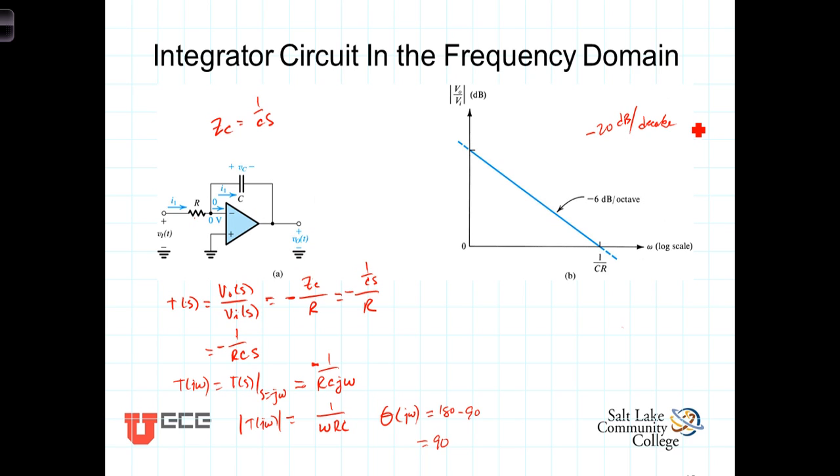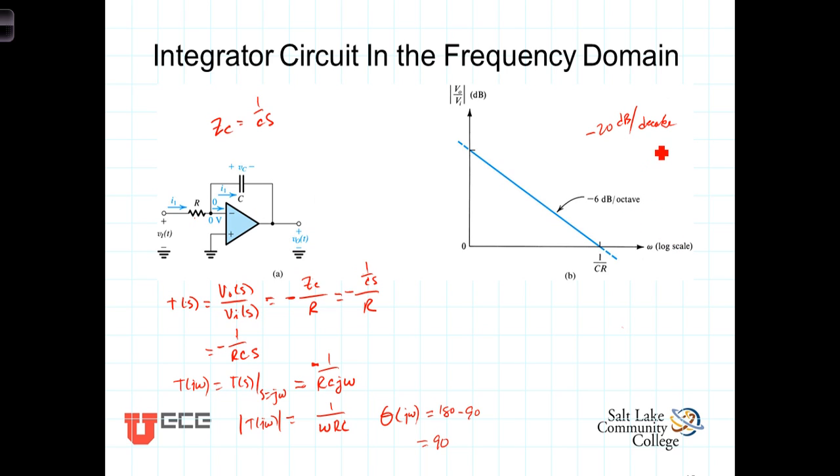And similarly, that slope will be negative 6 dB per octave, where the octave represents a doubling of the frequency. So doubling the frequency, we go from, say, 1,000 radians per second to 2,000, 4,000, 8,000, 16,000 radians per second. A constant step along the axis when we're doubling corresponds to an octave.